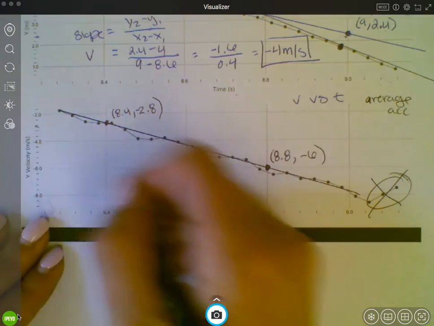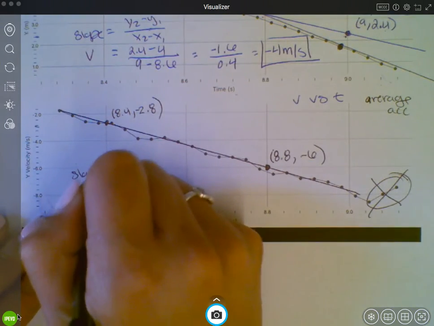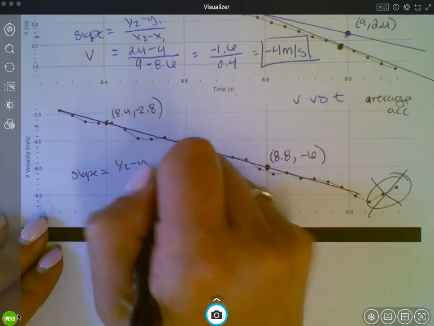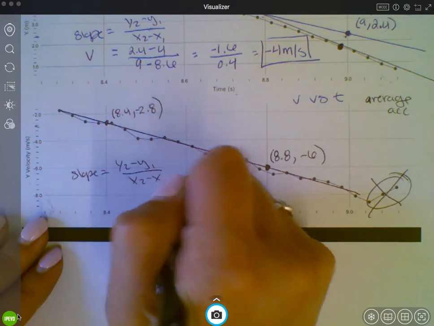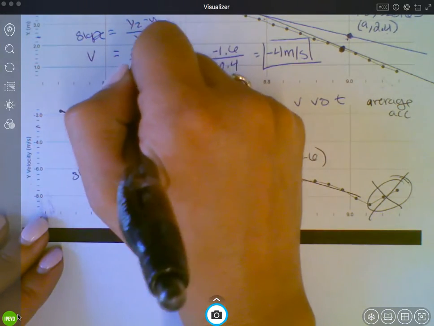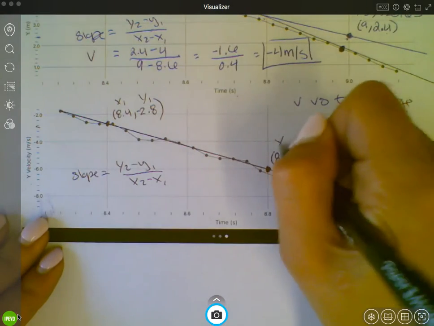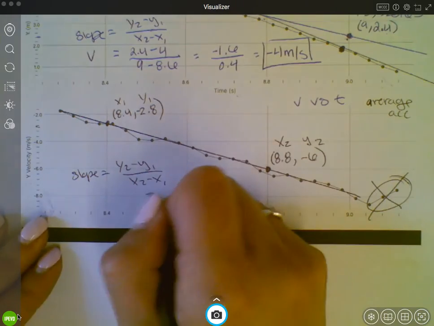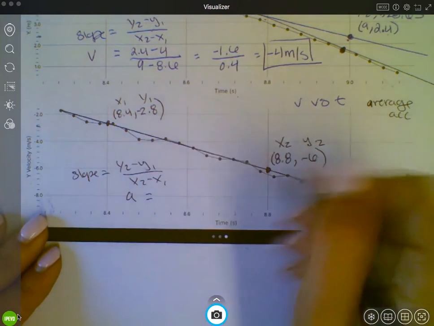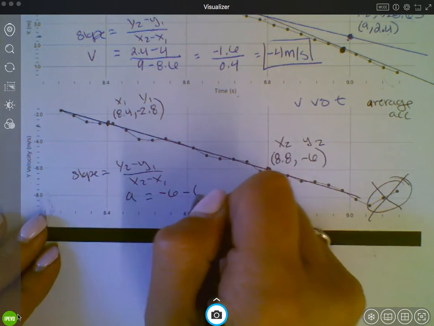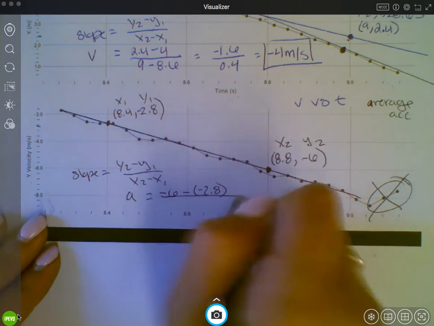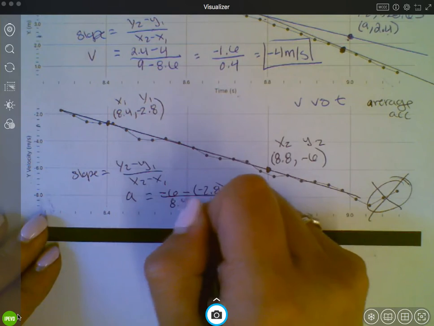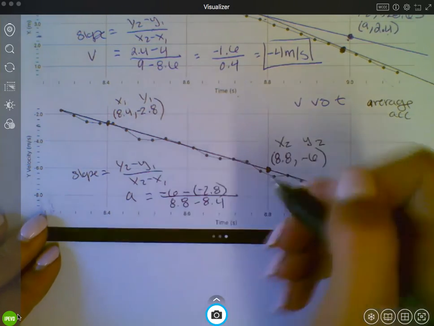All right, and then same slope equation. So slope is y2 minus y1 over x2 minus x1. I'll go with this one as x1, y1, and this is x2, y2. So this becomes a equals y2, so -6 minus -2.8 over 8.8 minus 8.4.